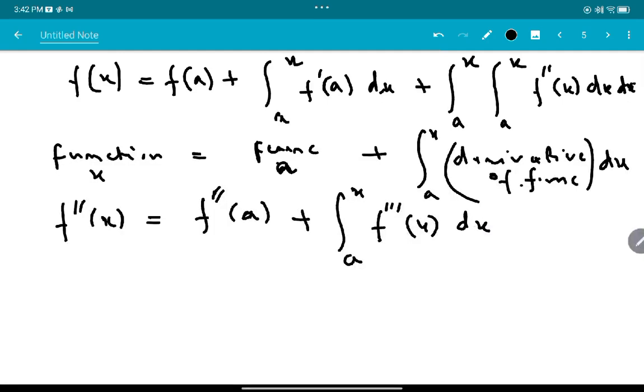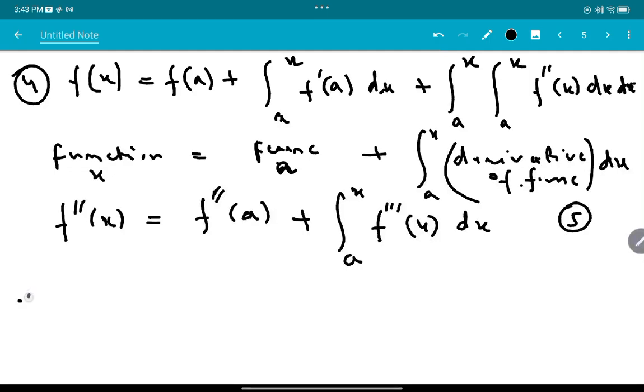I have used f'''(x) here because I have to put the derivative of whatever the function is here. Now substitute this in equation 4; substitute this from equation 5 into equation 4.